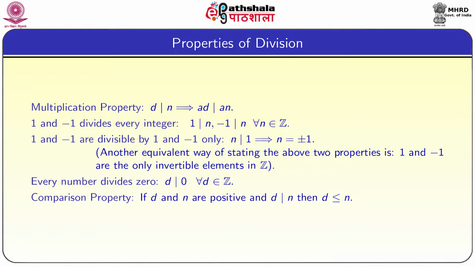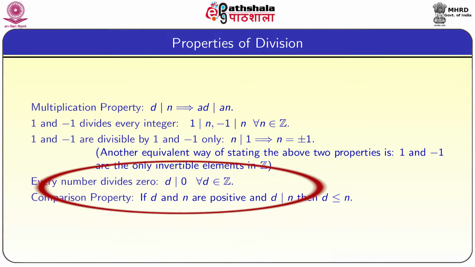So, 1 divides n, minus 1 divides n for all n belongs to Z. 1 and minus 1 are divisible by 1 and minus 1 only, that is, if n divides 1 implies n equal to plus or minus 1. Another equivalent way of stating the above two properties is 1 and minus 1 are the only invertible elements in Z.